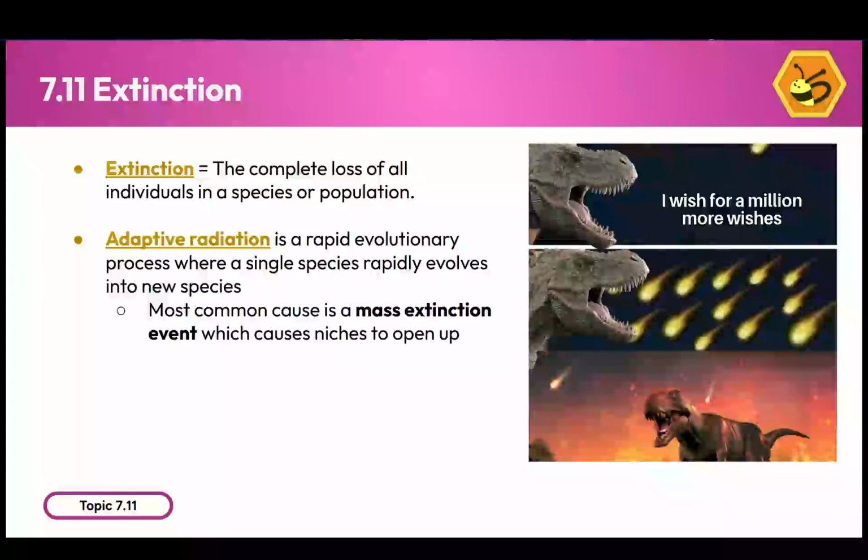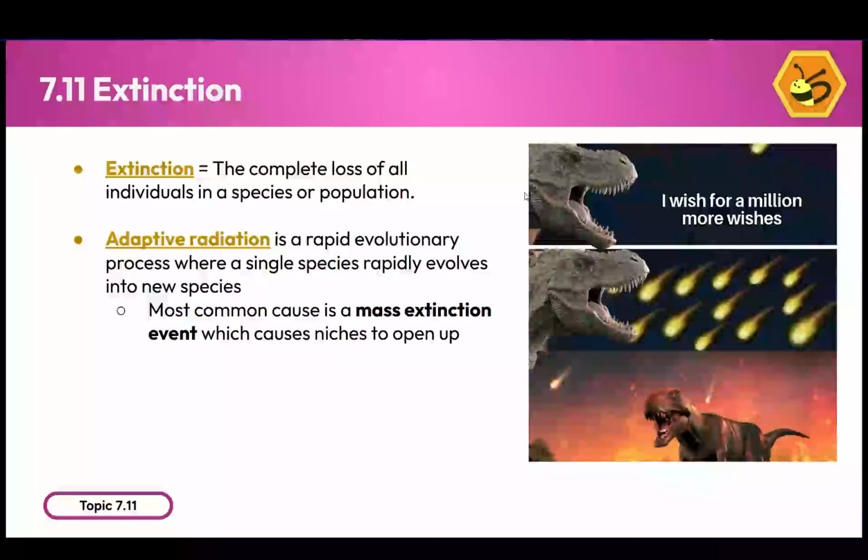As this occurs, I'm bringing back adaptive radiation, because adaptive radiation is a rapid evolutionary process where a single species rapidly evolves into new species. The most common scenario in which you'll see adaptive radiation on a test is when they ask what happens after a mass extinction. Example is the dinosaurs.